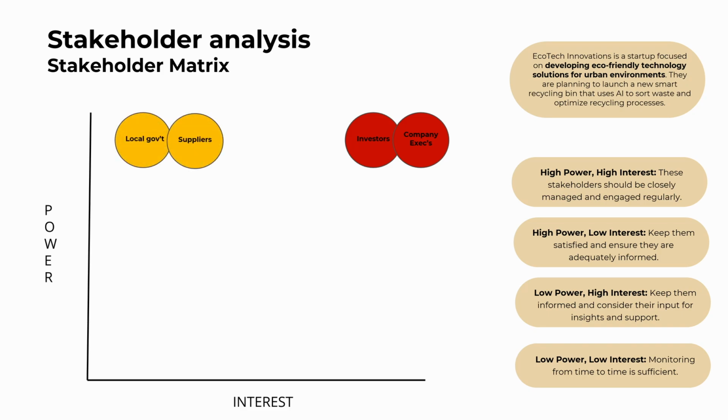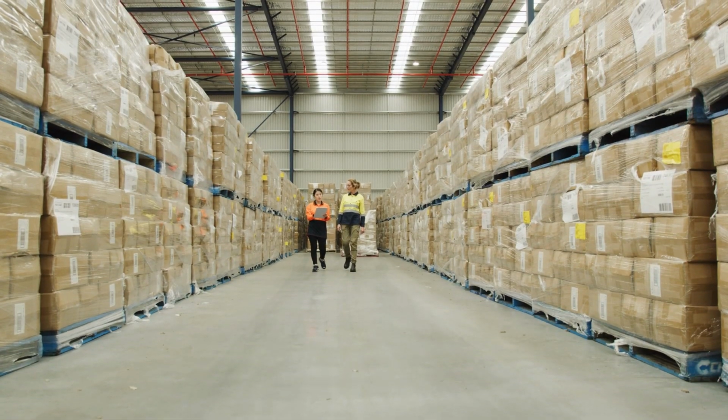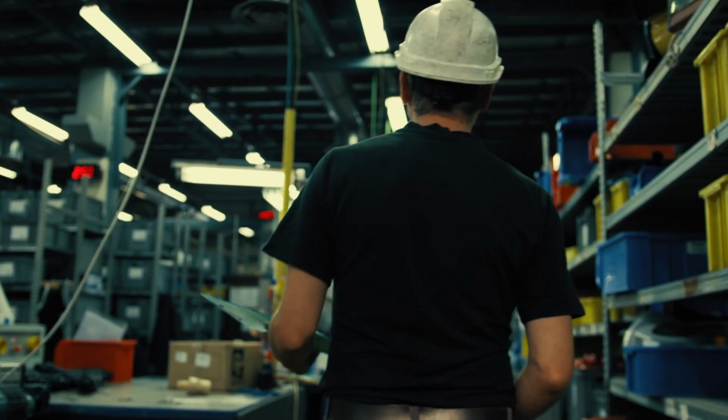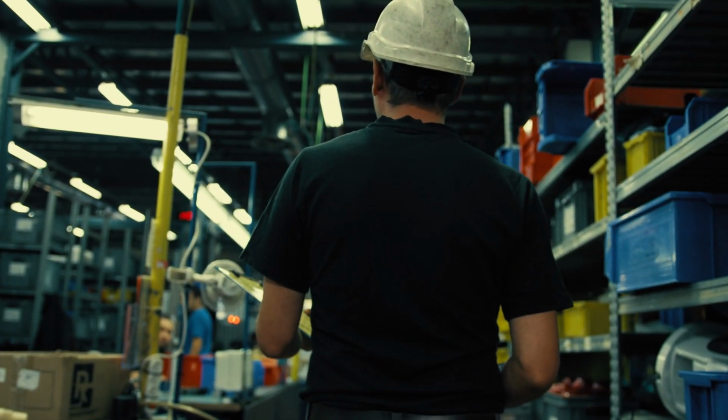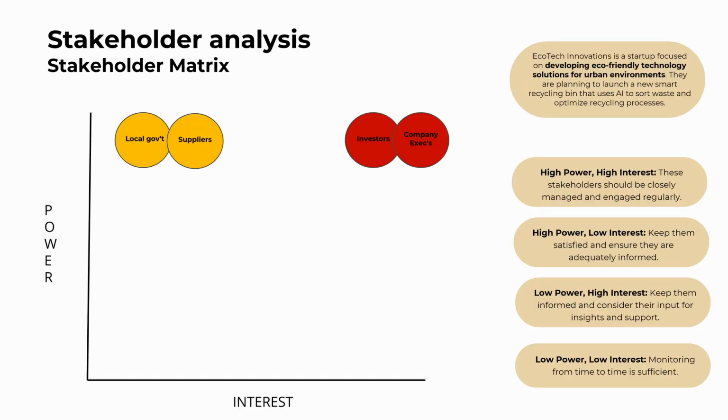On the other end of the interest axis, but still high in power, we'll see the local government and suppliers. These are high in power because a local government could, for instance, ramp up regulations. And suppliers are of course also crucial. They might have a relatively small interest in EcoTech Innovations because typically suppliers work for a wide range of businesses.